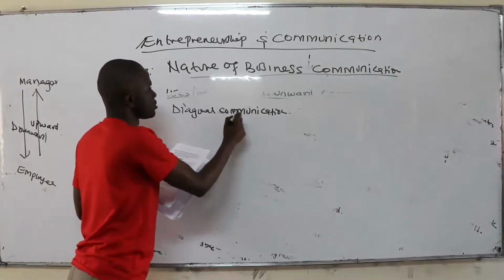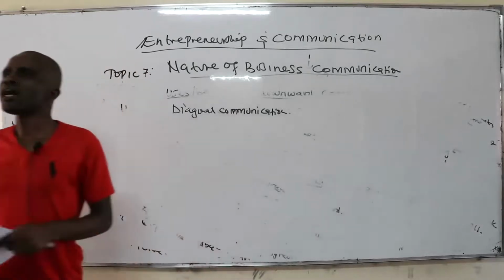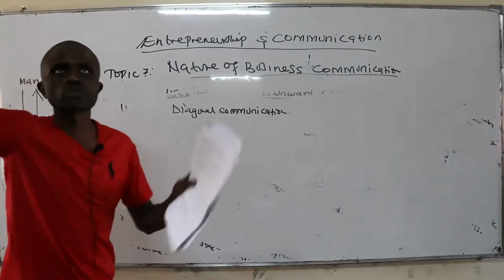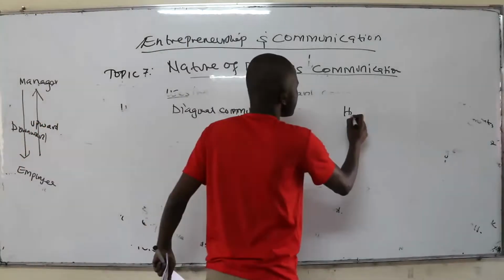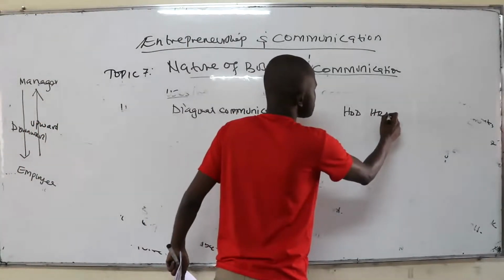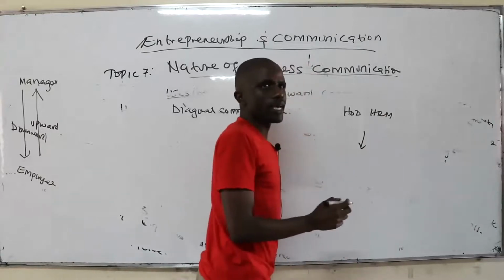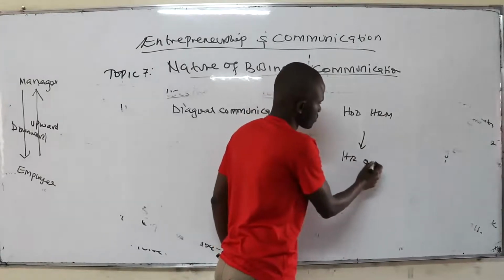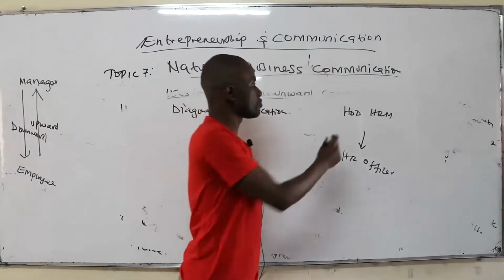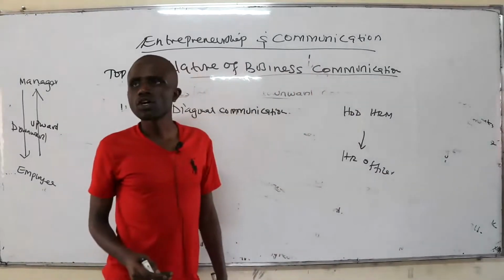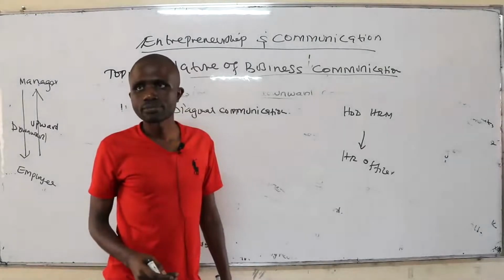It means now you find that vertical communication was the person. We have the HOD, human resource management, communicating with the HR officer, and we said that kind of communication is the downward communication. Is that clear?